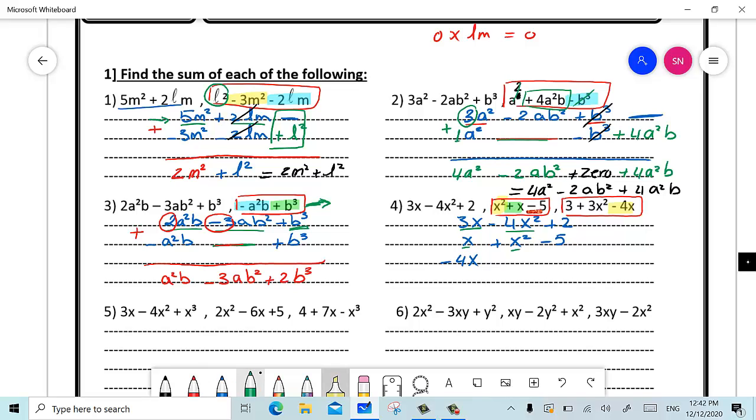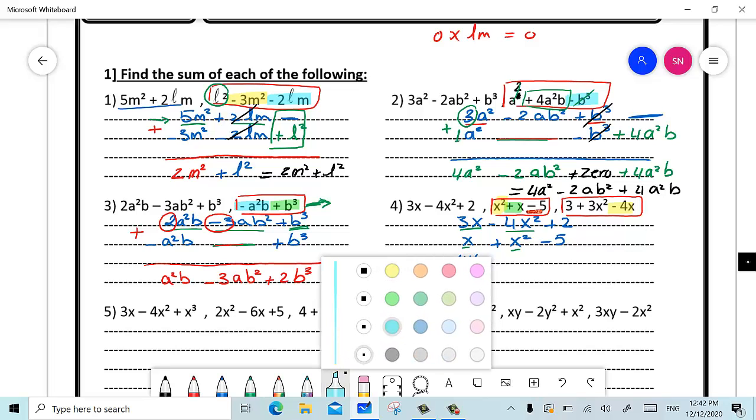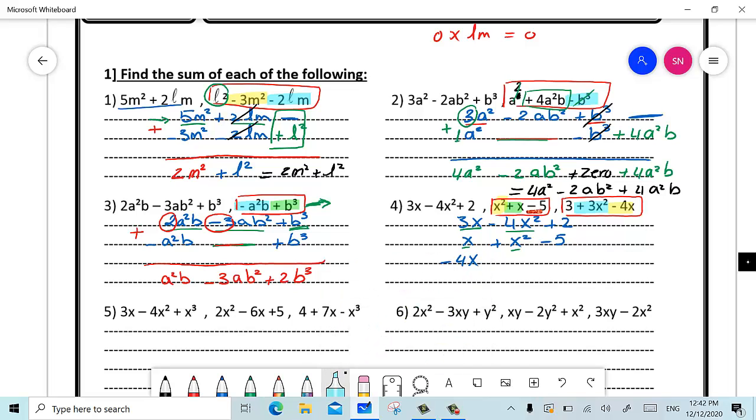The term here that has x squared is positive 3x squared, so I'm going to write here positive 3x squared. And the absolute term I have here is 3. Since 3 has no sign before it, it is positive 3, so I'm going to write it here as plus 3.